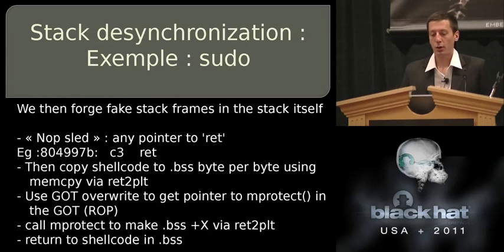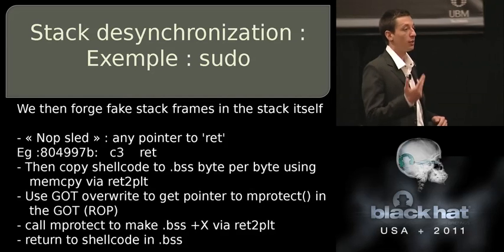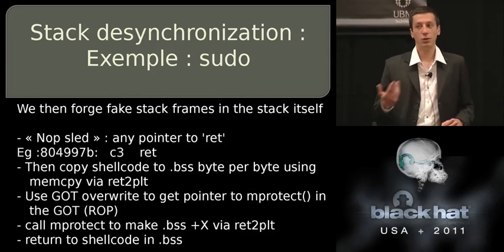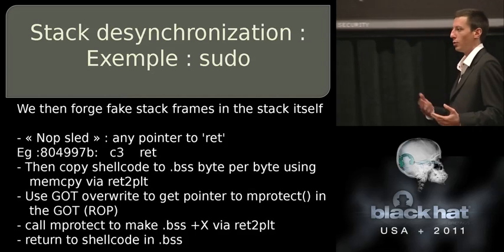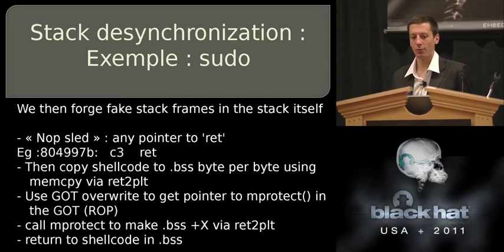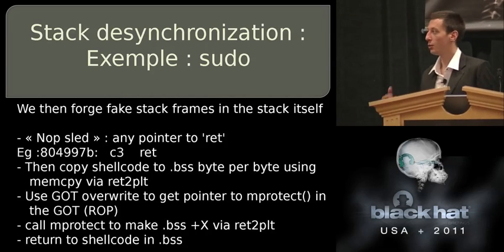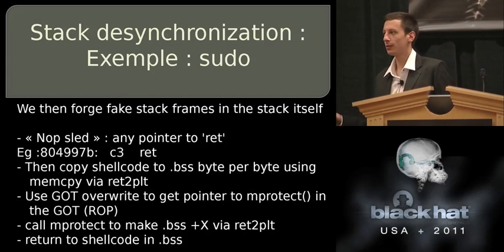Then we face a problem. We can copy the whole shellcode inside the BSS section, but it's not executable. To turn it into executable, we would like to call mprotect. Mprotect is not part of the functions that sudo would normally call, so there is no GOT entry for mprotect.